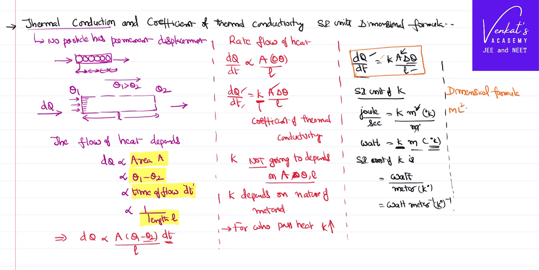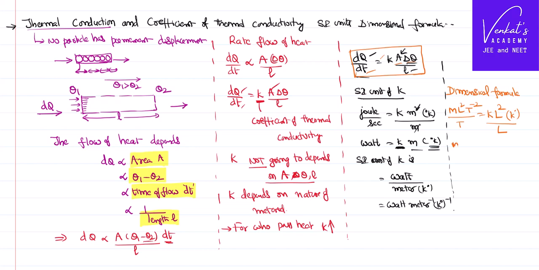Heat is a form of energy. The dimensional formula of energy is M L square T power minus 2. dt is time, T. K you have to find out. Area is L square. Delta theta can be represented as Kelvin, and length is L.